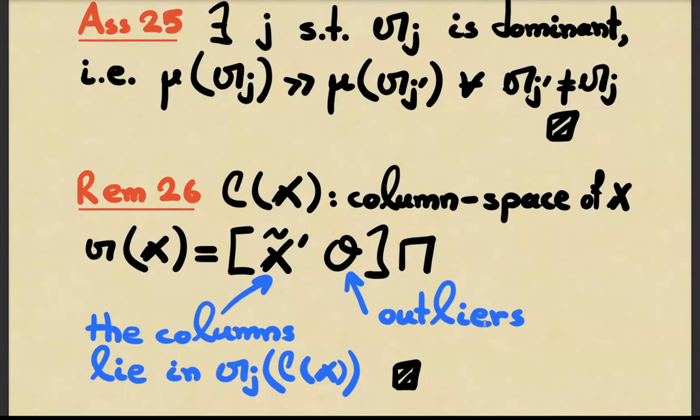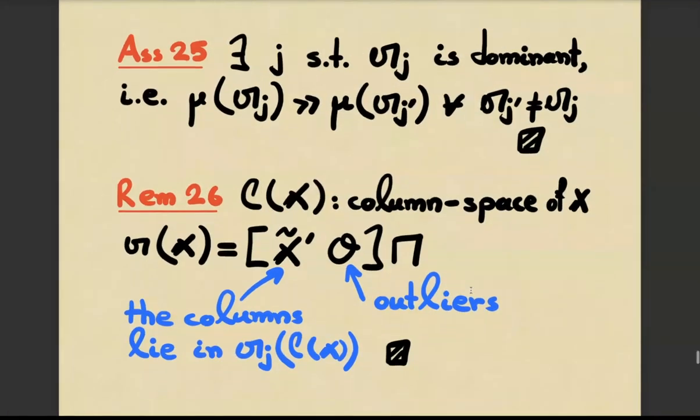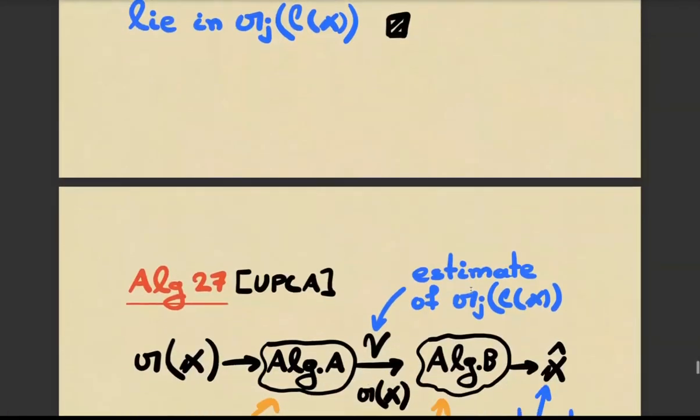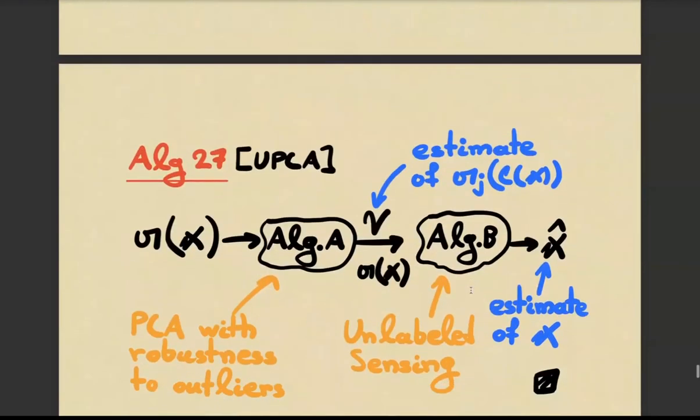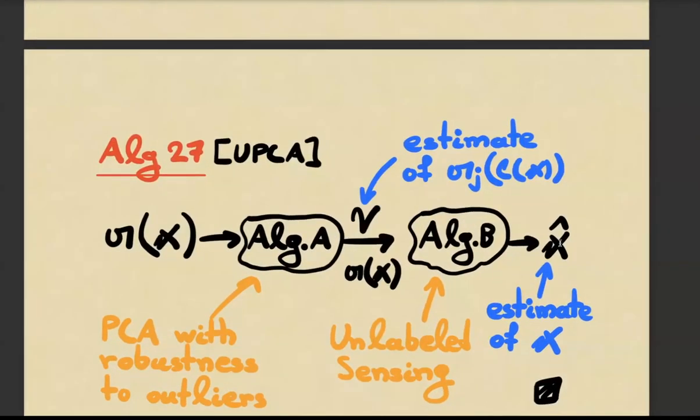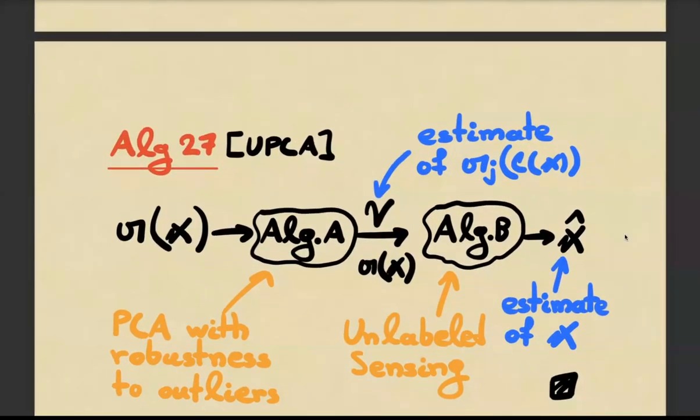But now this is familiar. This is exactly the data matrix structure that one has when it's encountered in the PCA problem with robustness to outliers. So based on this, we can have an algorithm for unlabeled principal component analysis.